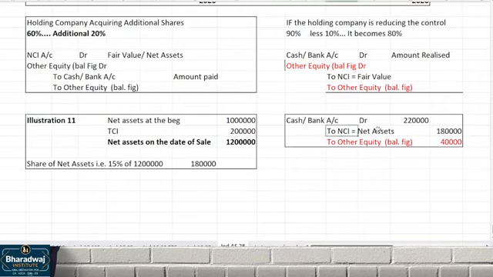Why are you crediting NCI? NCI value will what? Go up. Cash or bank account debit, we get the money. Balance goes to what?